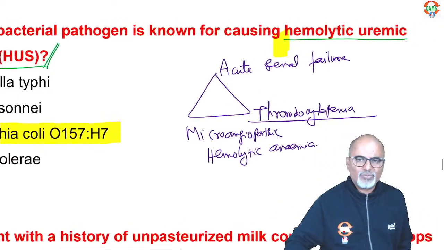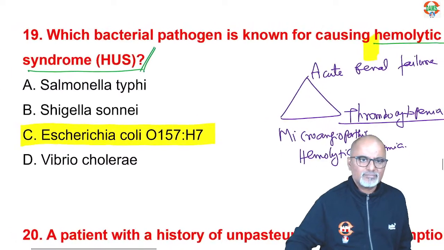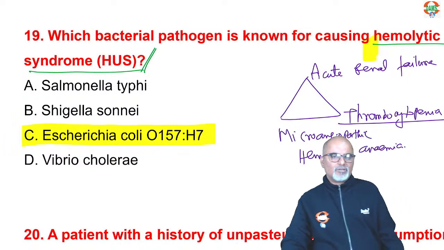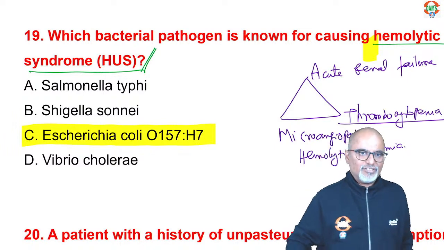Hemolytic uremic syndrome: acute renal failure, thrombocytopenia, microangiopathic hemolytic anemia. Got it? Right.